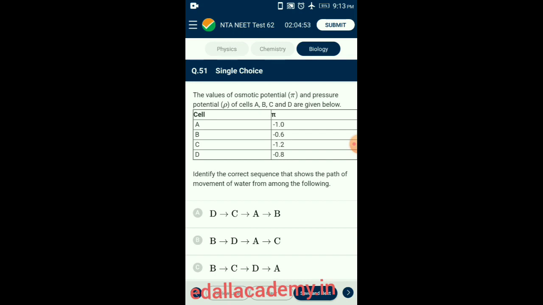The movement of water occurs from low DPD cell to high DPD. DPD is equal but opposite to water potential. That means the algebraic sum of solute or osmotic potential and pressure potential, psi W is equal to psi S and psi P. Here they are given water potential and DPD.